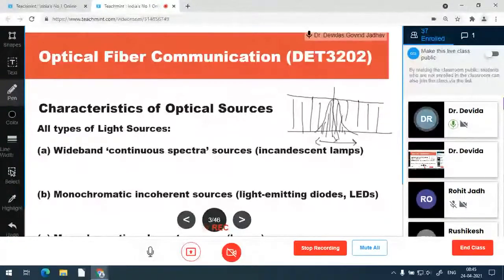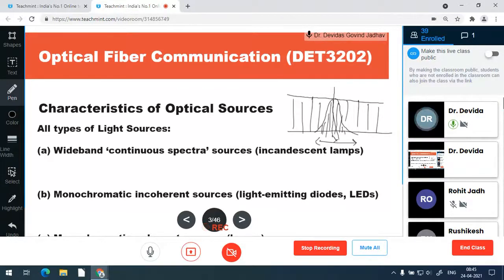Okay, this is the difference between continuous spectrum source and monochromatic source. So incandescent light and fluorescent light are wide band continuous spectra sources.